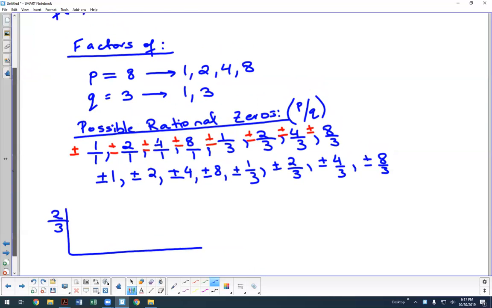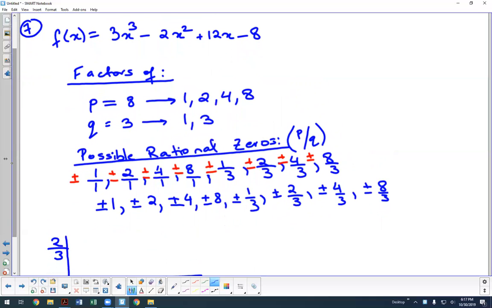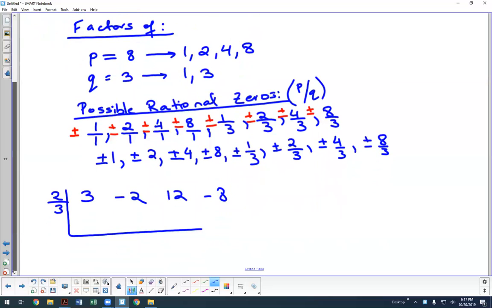So what will my numbers be for my synthetic division from our polynomial here? 3, -2, 12, and -8. Very good. Okay, so bring down the 3 as it is.